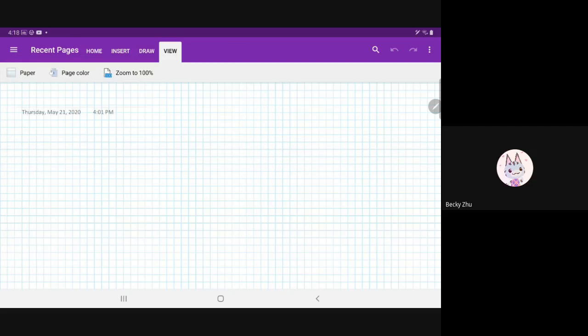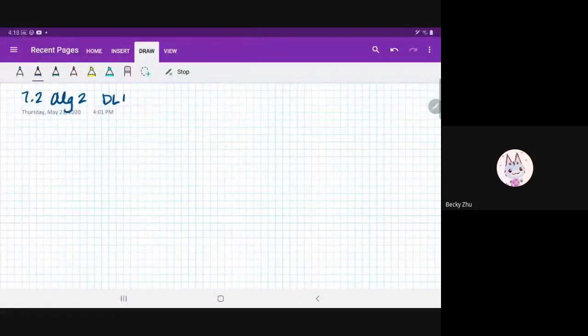Okay, here we go. So this is section 7.2 again for Algebra 2. This is DL10, I believe.